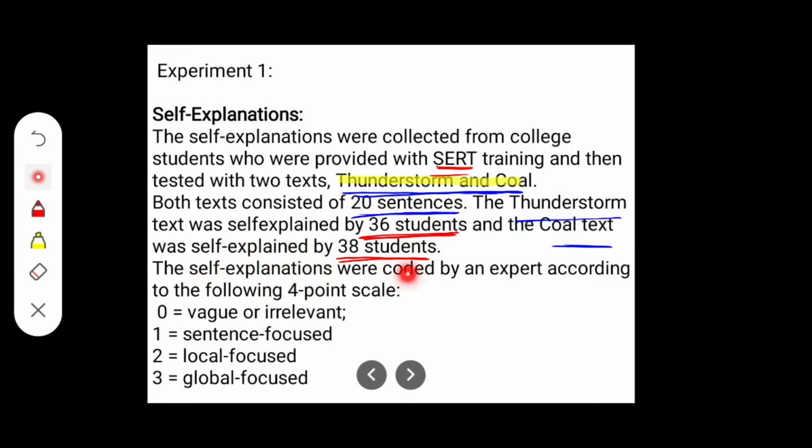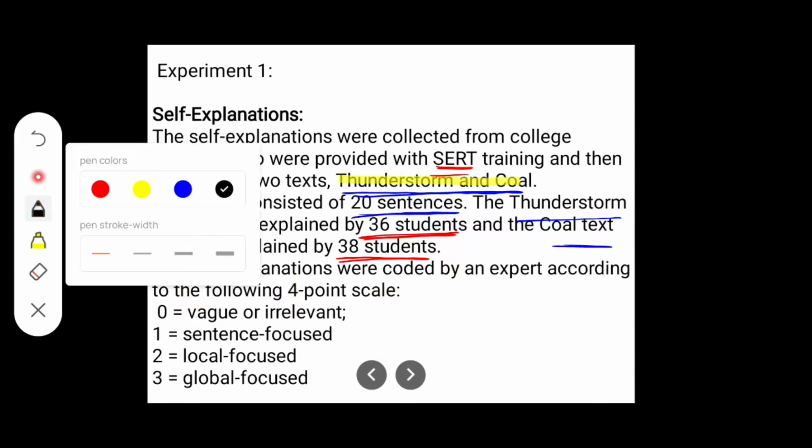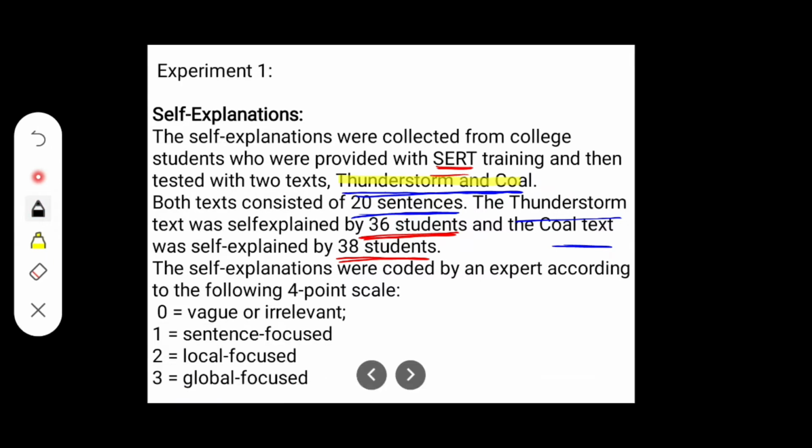The self explanations were coded by the experts according to a 4-point scale. Please note this.